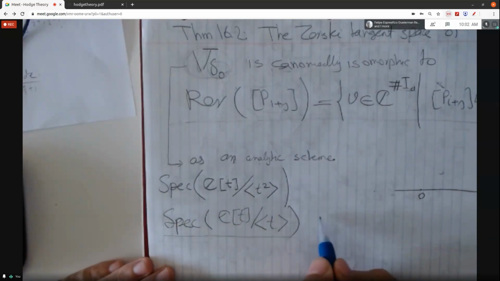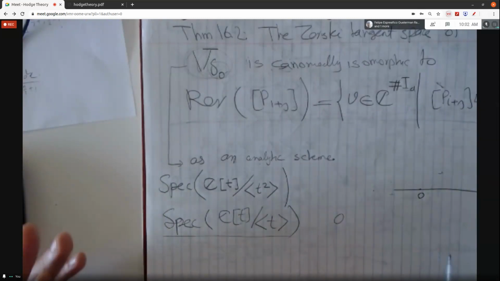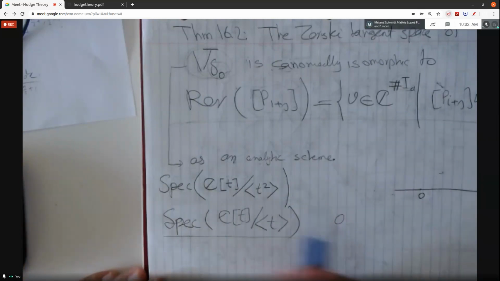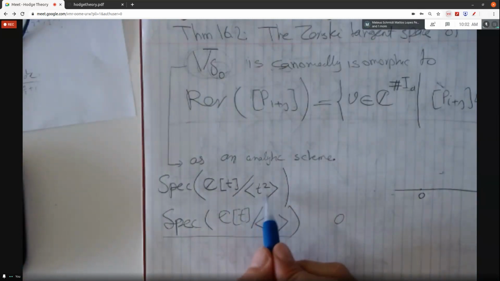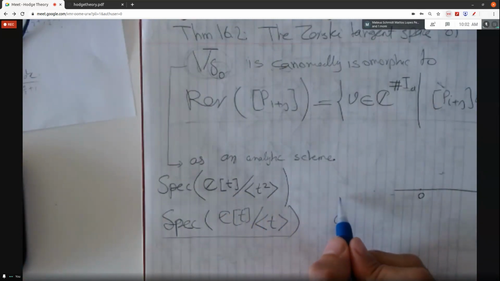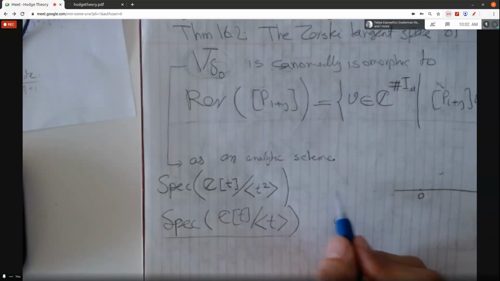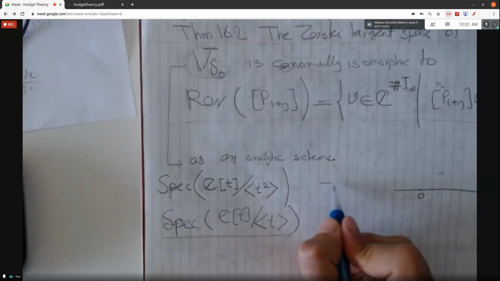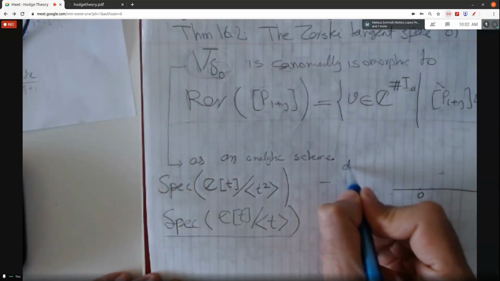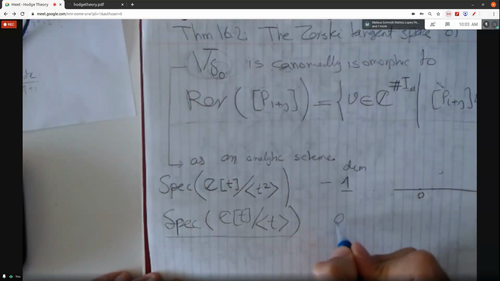That is the point. So in this case it's just 0, the tangent space, because it is a point. But what is it in this case? In this case, it is the whole space actually. It's linear, right? The dimension: here is 1, here it is 0.